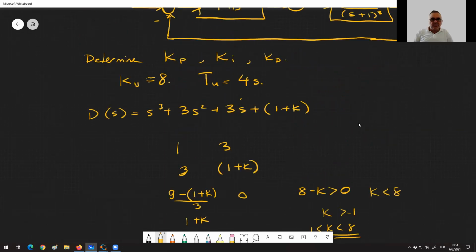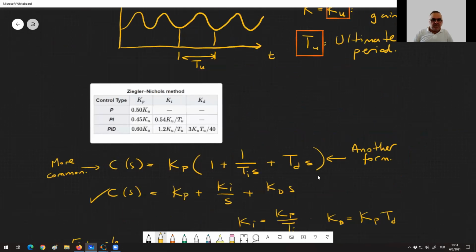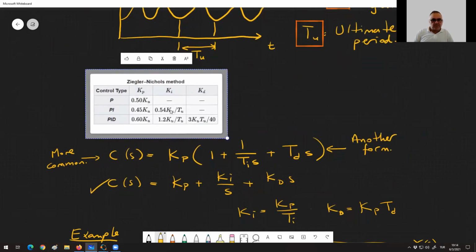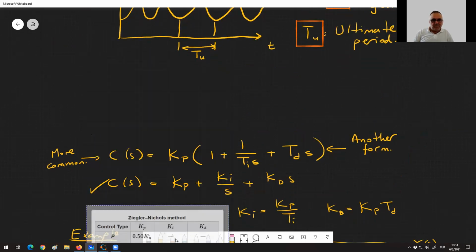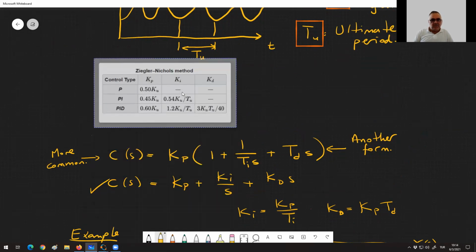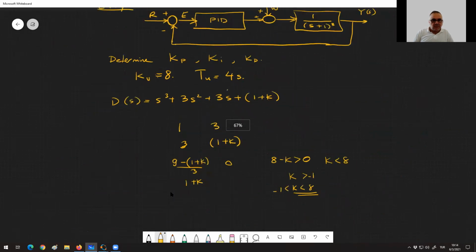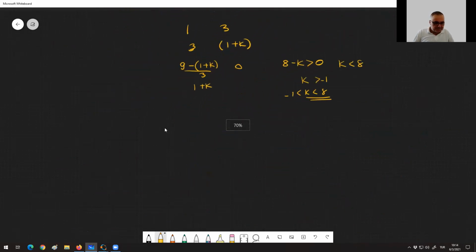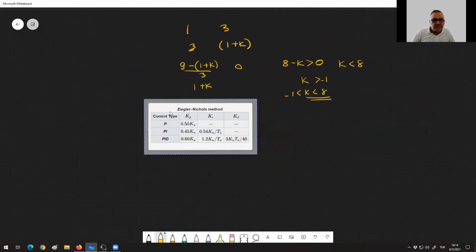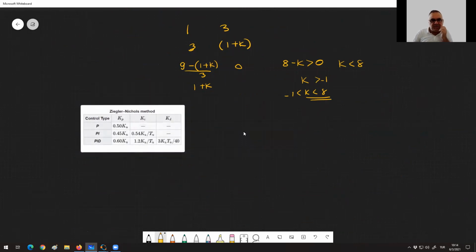So we have found the ultimate gain and period. Let me just save it. Let's paste it here. So we want to find our Kp, Ki, and Kd values.